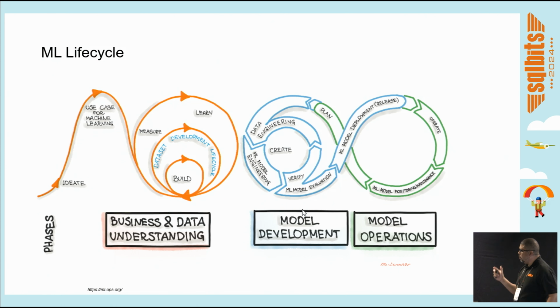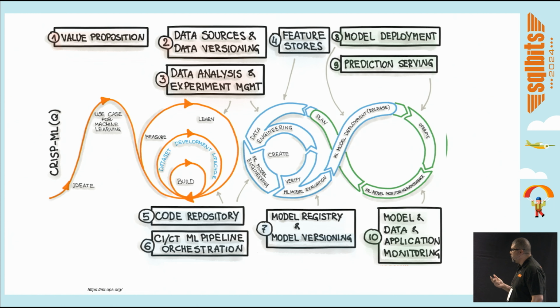If we throw our ML stack on top of this life cycle, we have something like this, a very busy diagram. There are 10 items here, and that's what we are going to review over the next 30 minutes or so. Those are the functional requirements for your MLOps stack.